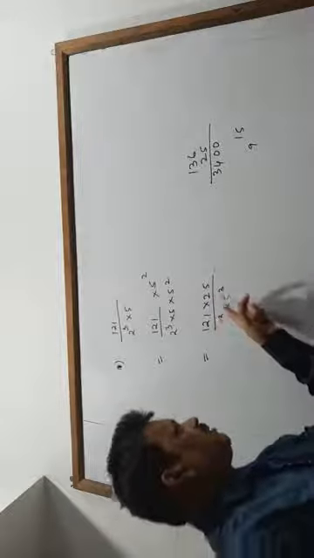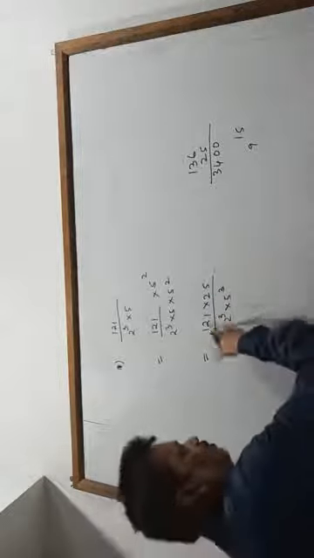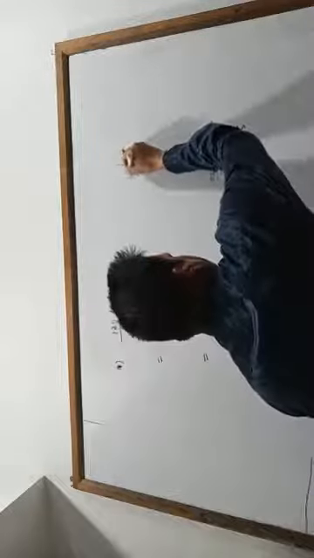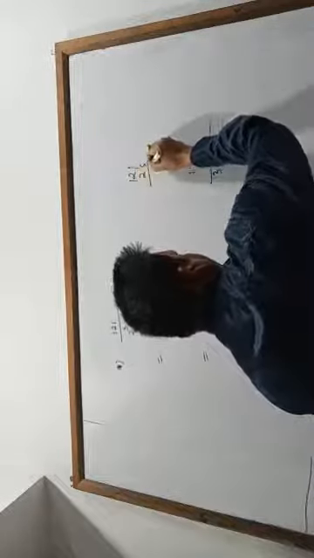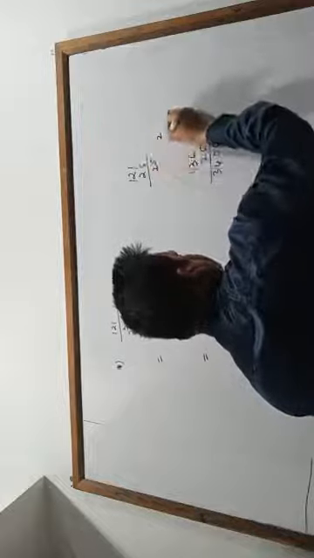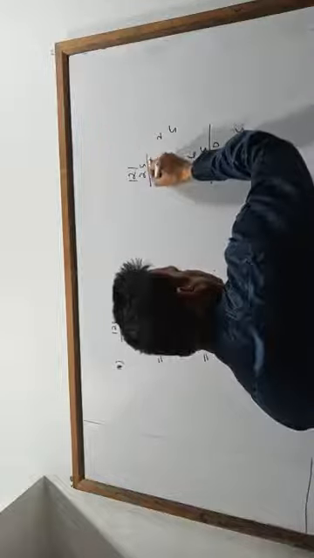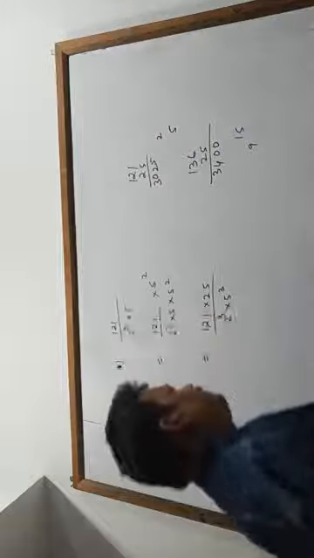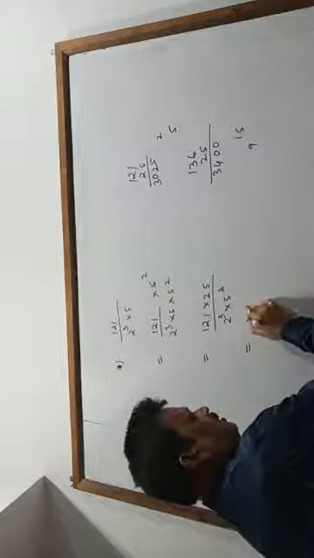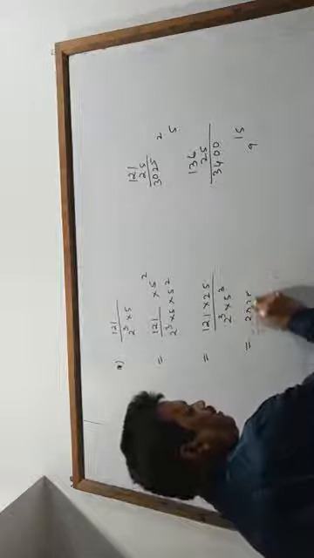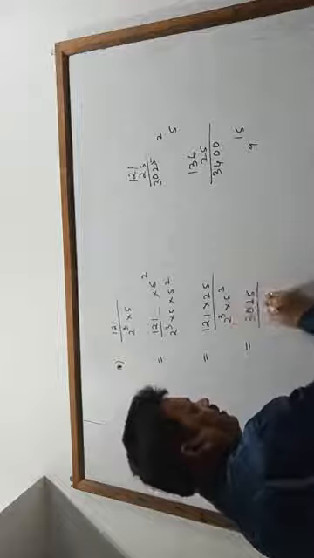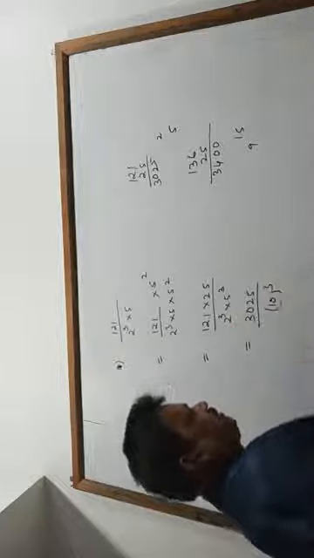Now the power became same. So 121 you multiply 25, it is 3025, divided by 2 5 is 10, power is 3.